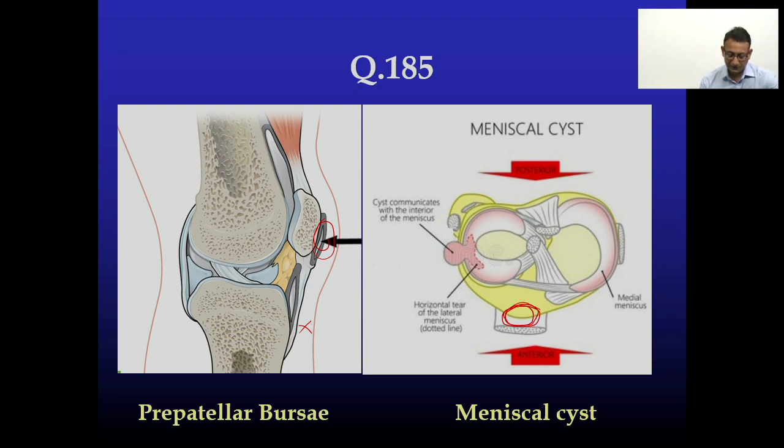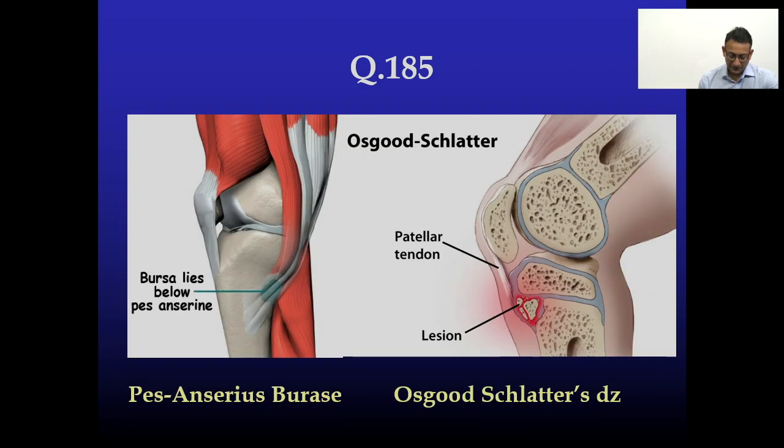So meniscal cyst is also out of the question. Now the other thing is the pes anserine bursa. It usually happens where the hamstrings are attached to the tibia on the medial aspect of the proximal tibia. That bursa can get inflamed and is called pes anserine bursitis. That will also not give us a swelling over the tibial tuberosity.